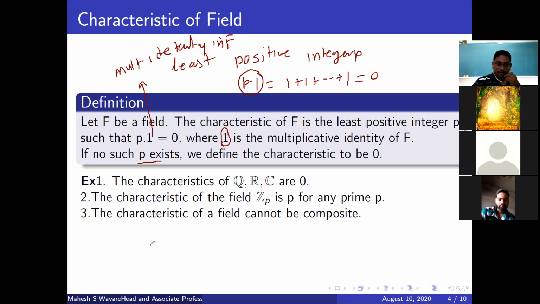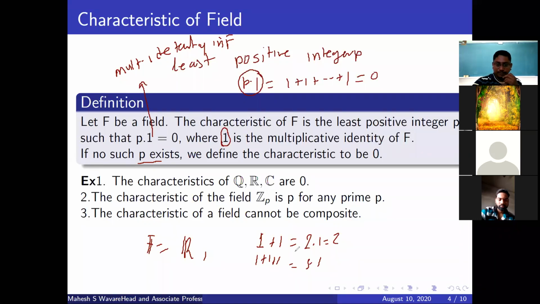So for example, I will take the first field as the real numbers. In the real numbers, the multiplicative identity is 1. Now one can check how many times 1 must be added to get 0. 1 plus 1 gives 2 into 1, that is 2. 1 plus 1 plus 1 gives 3 into 1. So tell me how many times I should add 1 to get 0.